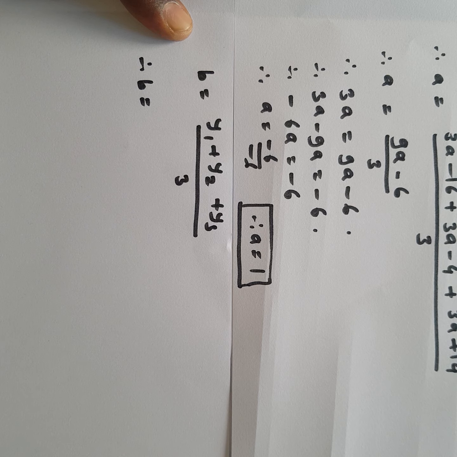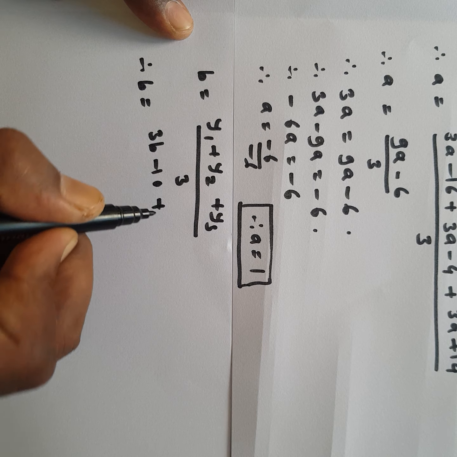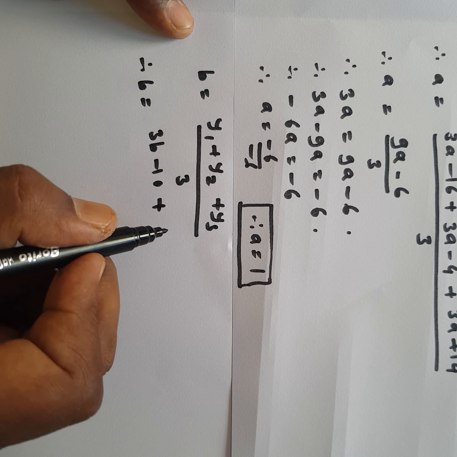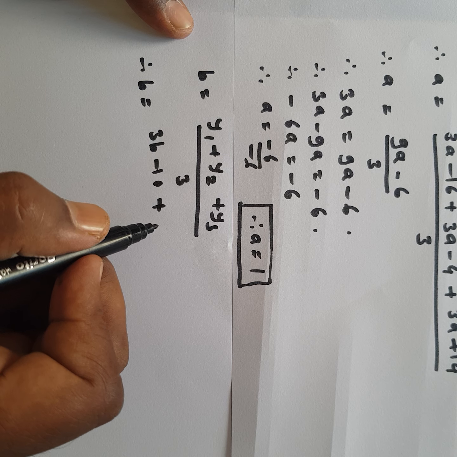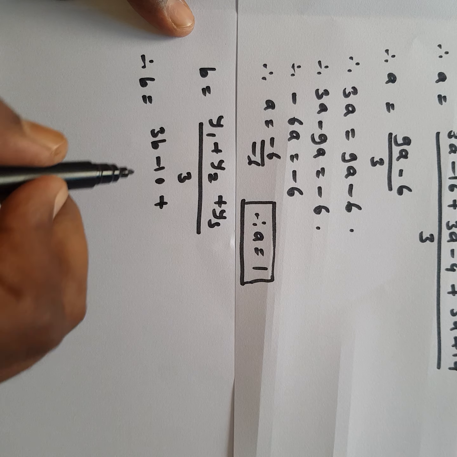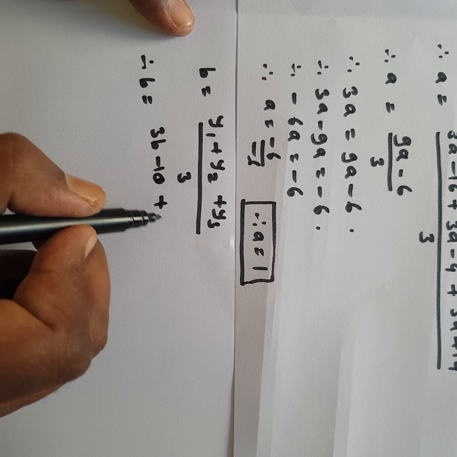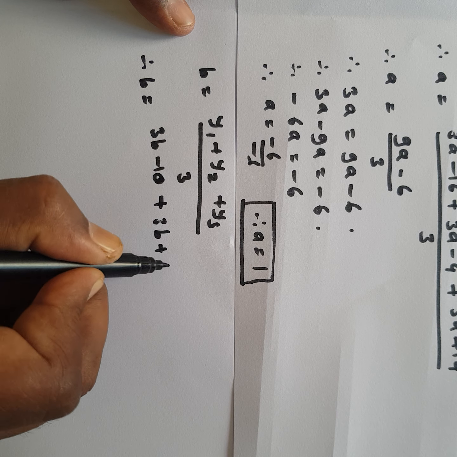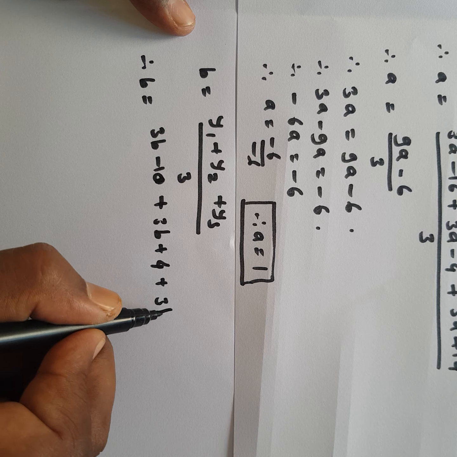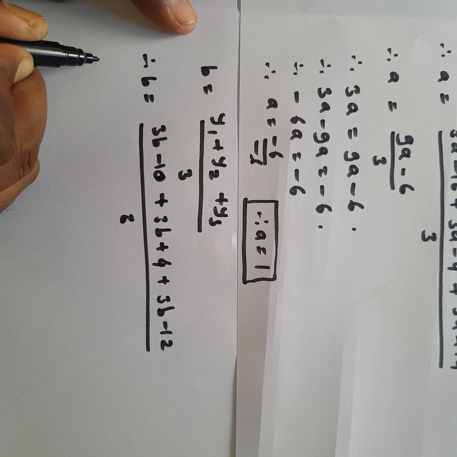Therefore b is equal to (3b - 10 + 3b + 4 + 3b - 12) upon 3.